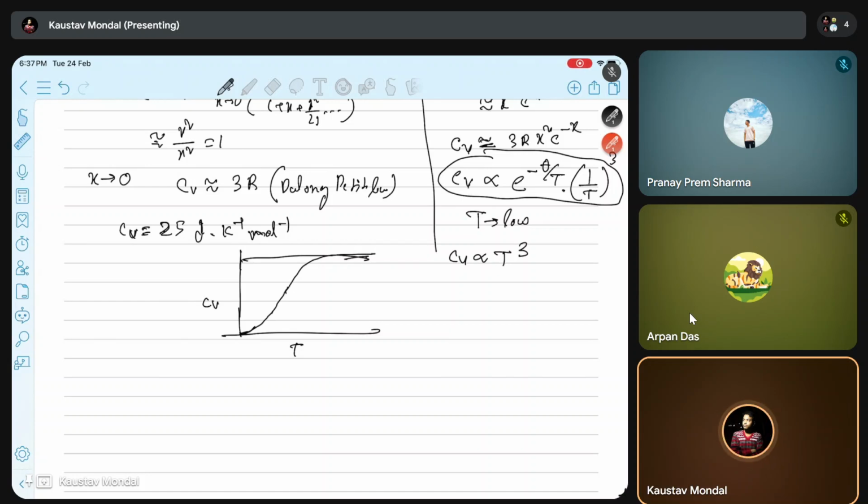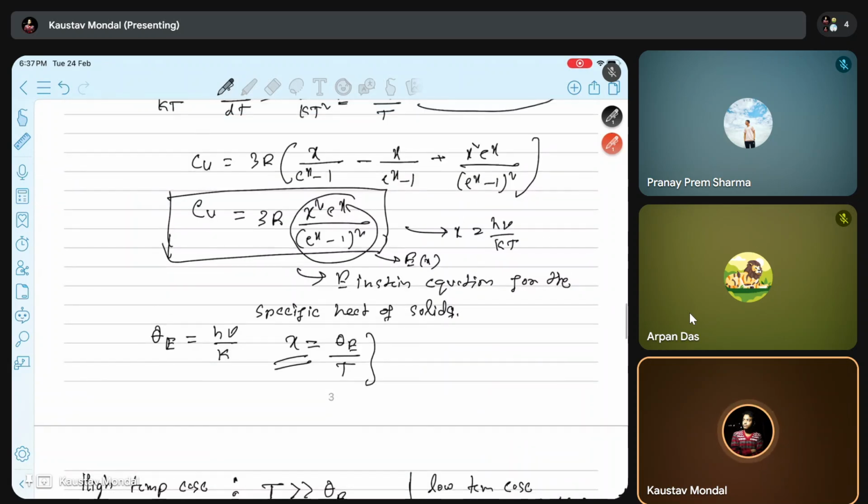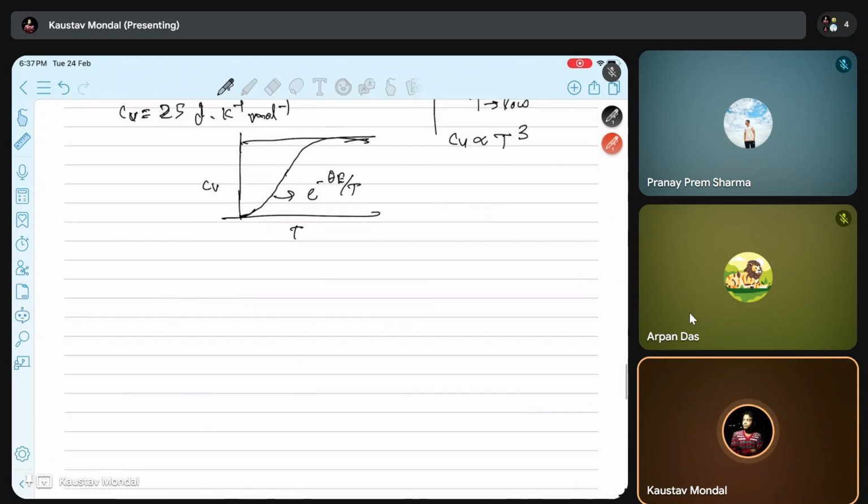It gives you an exponential kind of e to the power minus theta by T relation at lower temperature. So in that way, the Einstein formulation is not that rigorous in the limit of low temperature.